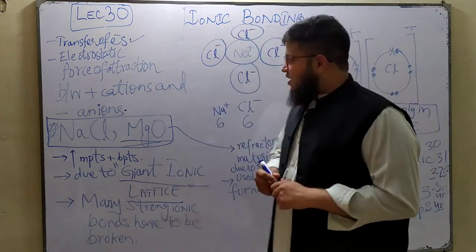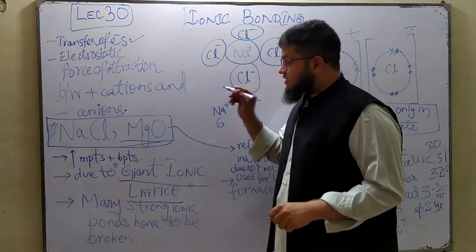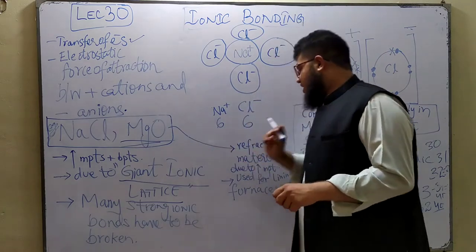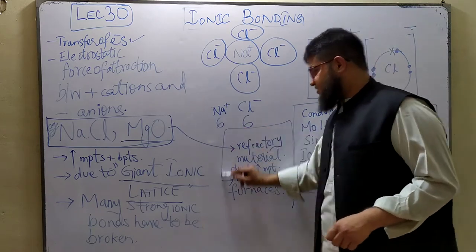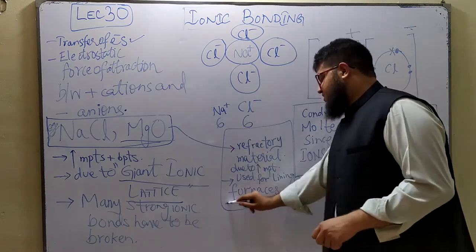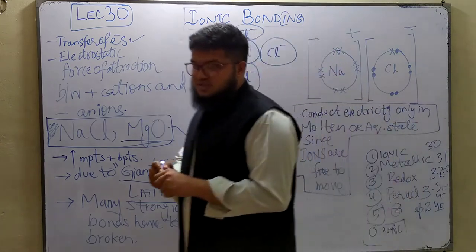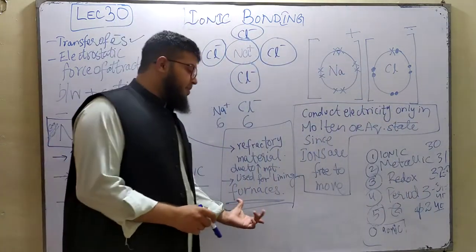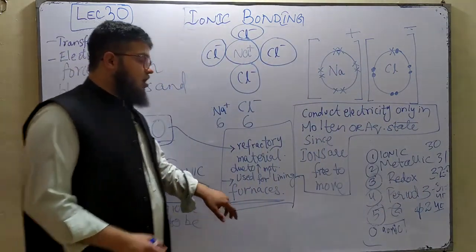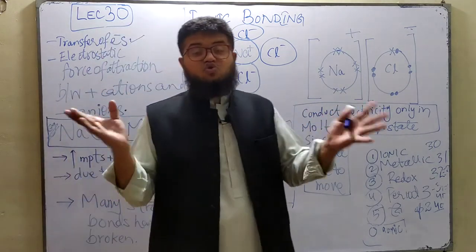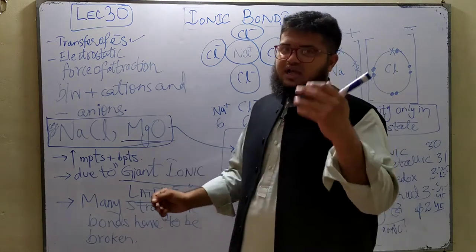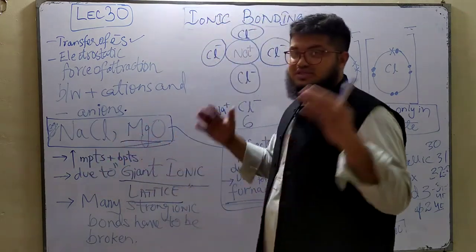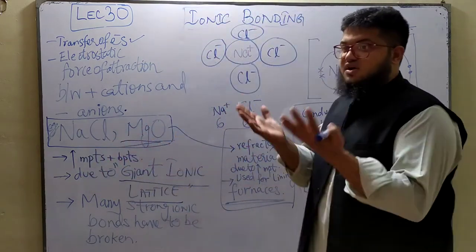The common use of magnesium oxide, due to its high melting point, is that it can be used to line furnaces, the furnaces which are used for baking bricks. They have a very high temperature of around 2000 degrees Celsius, and the melting point of magnesium oxide is slightly above that, so it can be used to resist that high temperature in the furnaces.